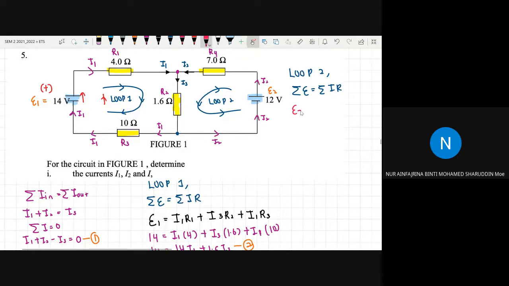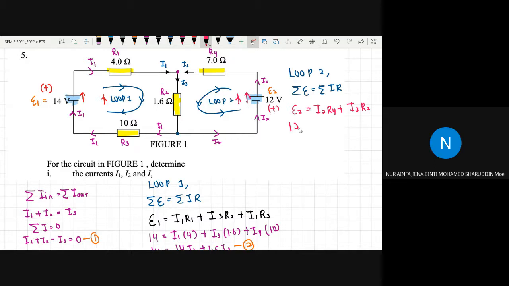Dia cuma ada satu sahaja EMF dan dia akan ada 2 resistor. So untuk resistor 4, current 2 yang lalu, dan untuk resistor 2, current 3 yang lalu. So, direction of EMF pun mesti tentukan lagi. So, loop awak akan ke atas, EMF awak ke mana? Ke atas juga. Jadi, EMF awak adalah positive.